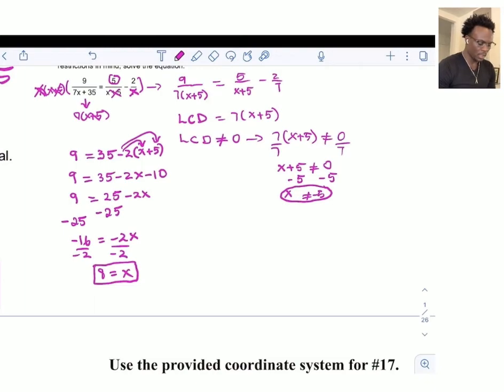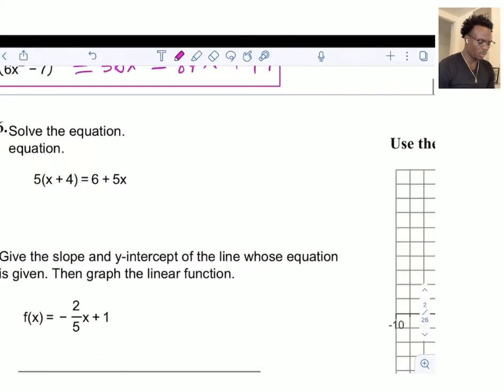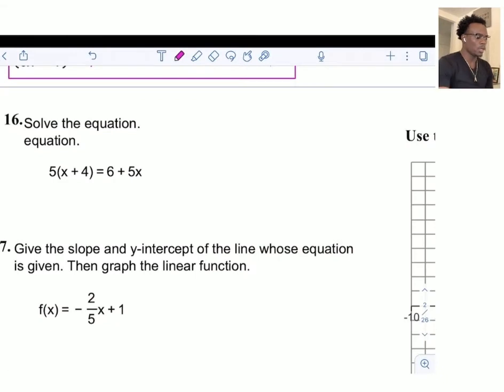Number 16 is pretty similar to number 13. So first thing, we will distribute 5, and that gives me 5x plus 20 equals 6 plus 5x. We will subtract 5x on both sides.